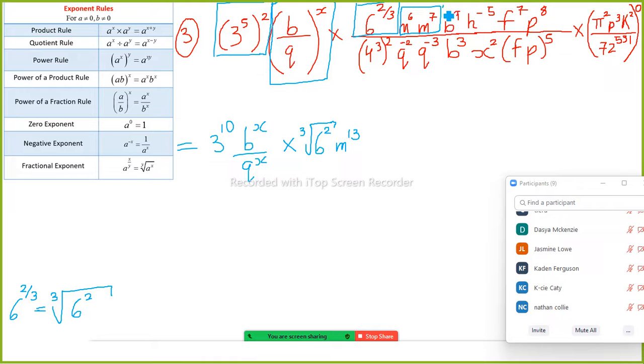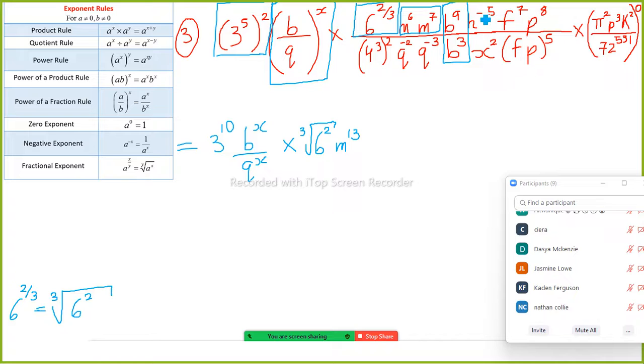What do we do with b to the 9 and b to the 3? I'm going to ask Kaden. I'm not hearing from him, so Casey, what do we do with b to the 9 and b to the 3? You put a 1 at top.